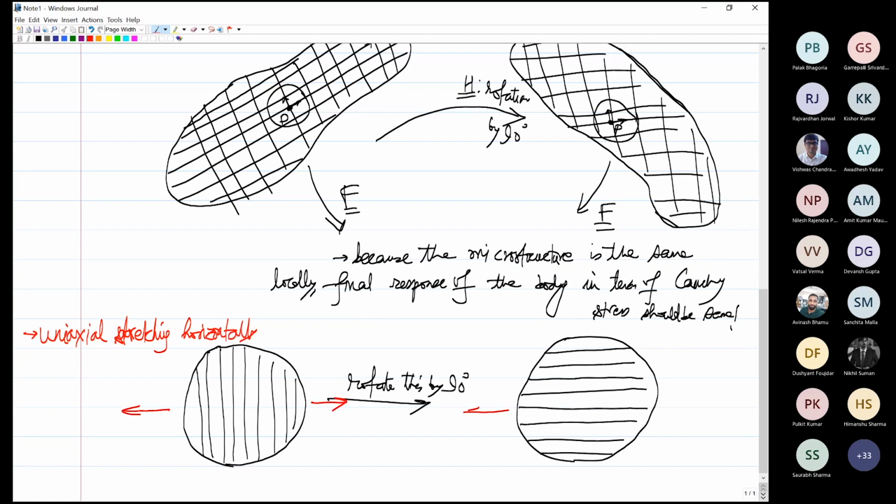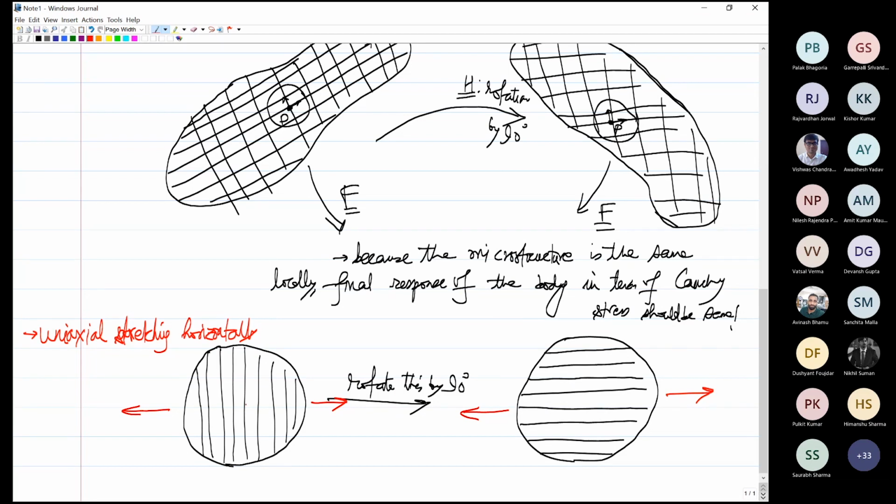And here also. Now, what do you think? Will you get the same stress? Will you get the same outcome? You do the same stretching in both the cases. In the left hand side, the fibers are perpendicular, and in the right hand side, the fibers are aligned with the direction of the stretching. Will you get the same response?